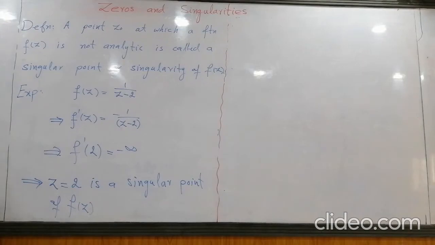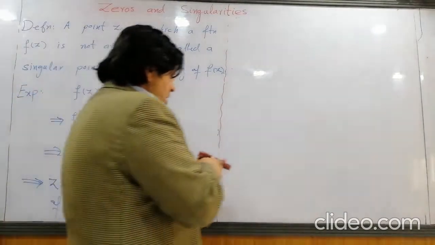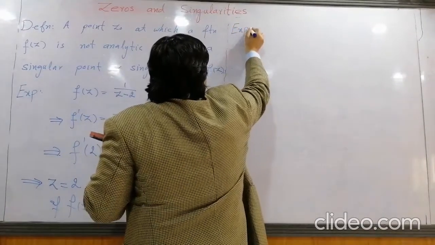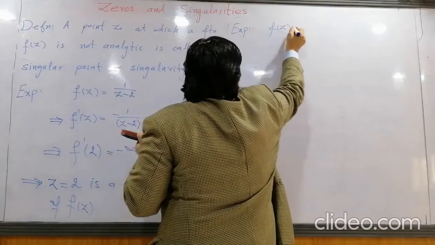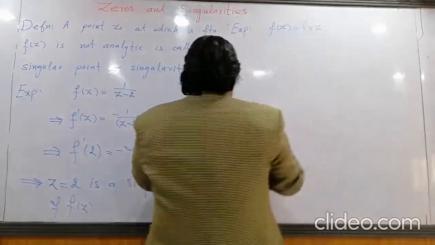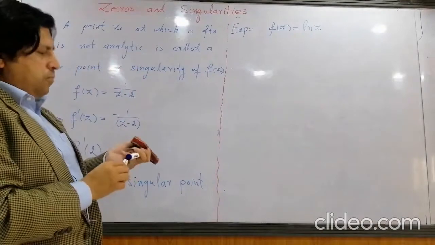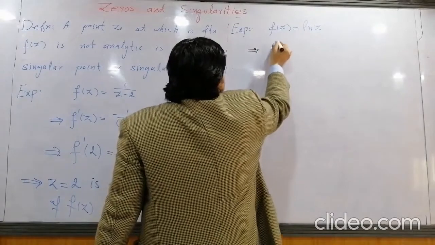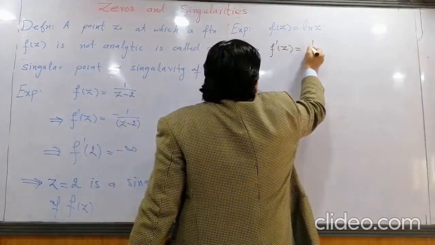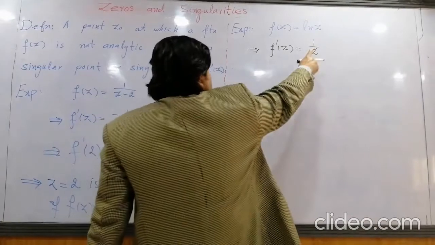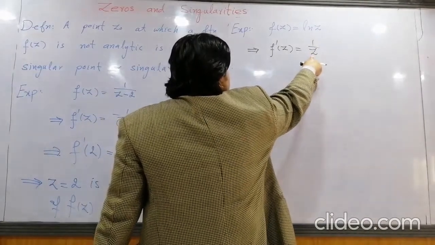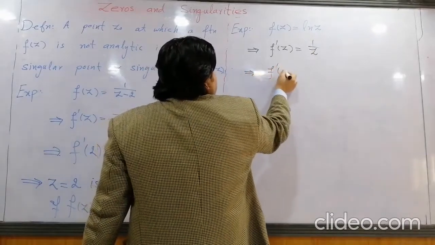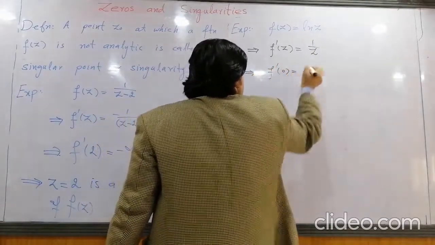Now let us see some more examples. Let us write f of z is equal to log of z, and let us find its singular point. So again we have to differentiate this function. f dash of z is equal to 1 over z. Now if I put z is equal to 0 here, anything divided by 0 is undefined. So it means that f dash of 0 is infinity.